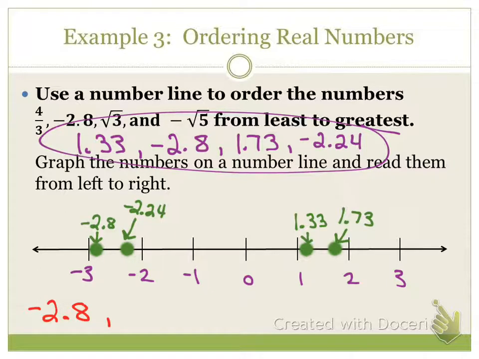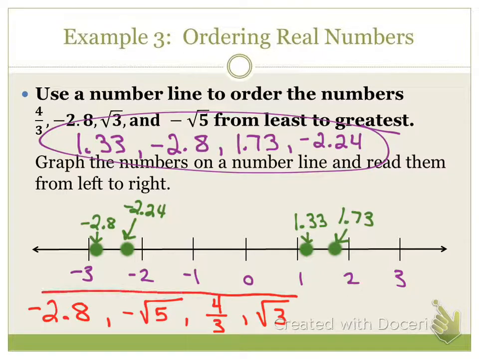Which in its original format was what? Negative square root of 5. Okay, what about the next one? 4/3. And then the largest? Square root of 3. All right, and this is my answer. I used the number line to figure it out and to show my work, but that's going to be my answer. All right?